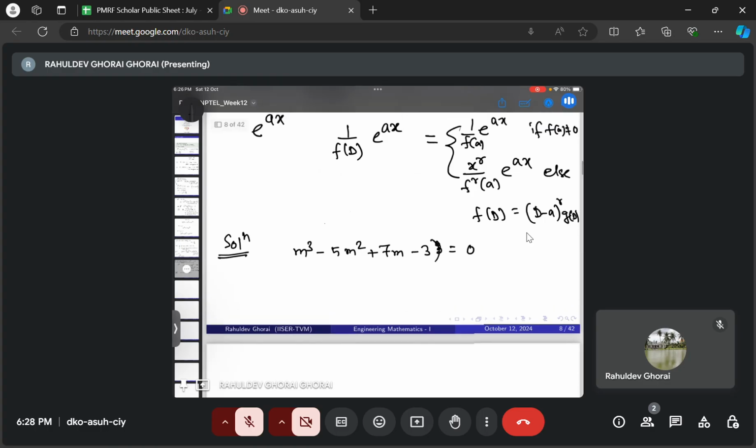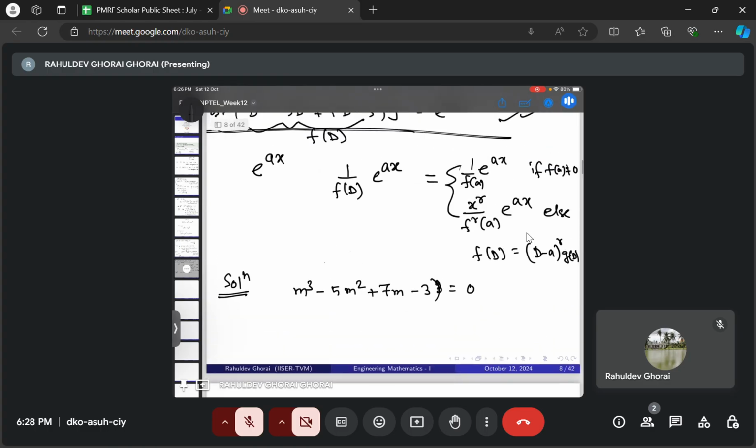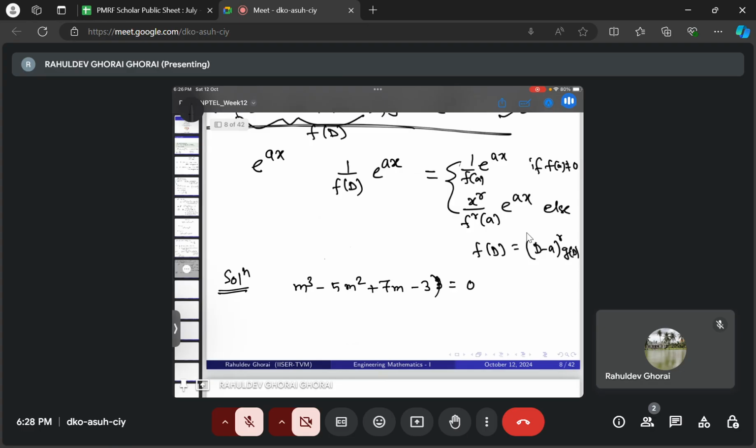How do you find the roots of this equation? Maybe m equals 1 satisfies it. So that thing will be m squared times (m minus 1) minus 4m times (m minus 1) plus 3 times (m minus 1).